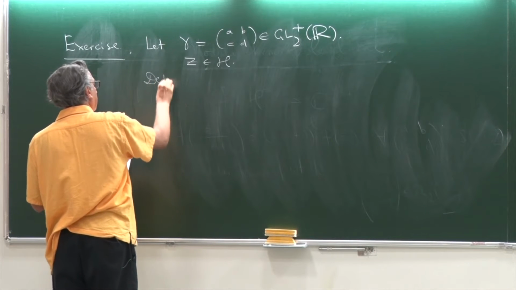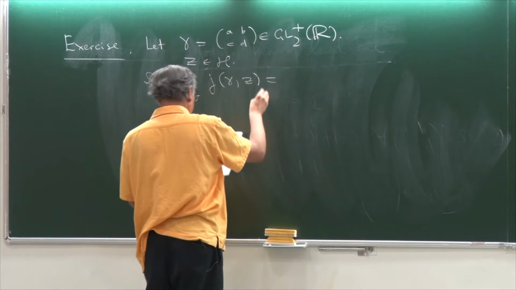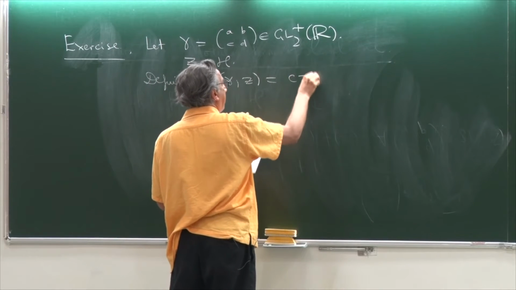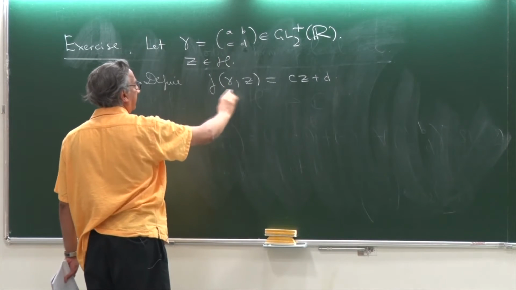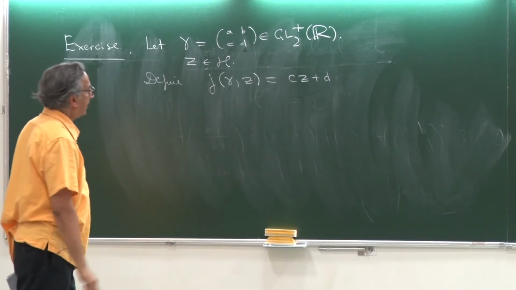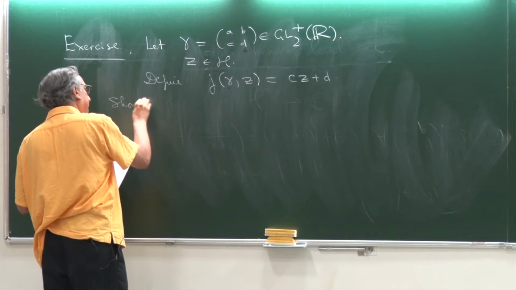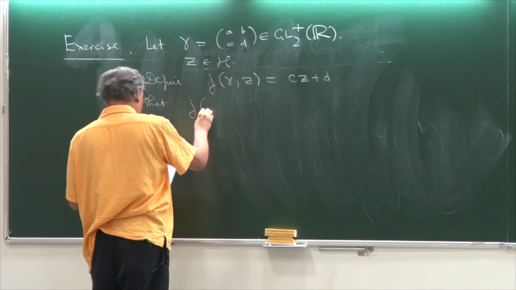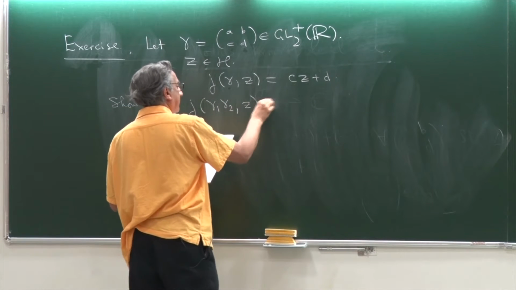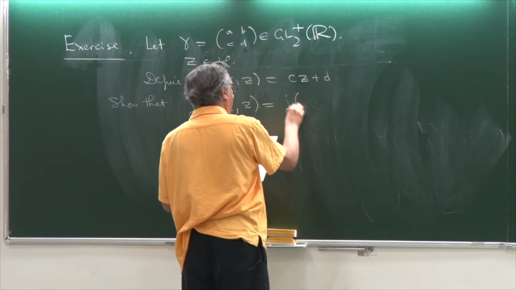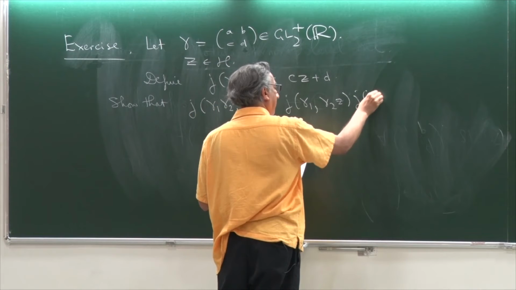Define J of gamma, z to be cz plus d. So gamma is this matrix, so the c and d are here, and we will denote by J of gamma, z, cz plus d. Then show that J of gamma 1 gamma 2, z is J of gamma 1, gamma 2 z, times J of gamma 2, z.